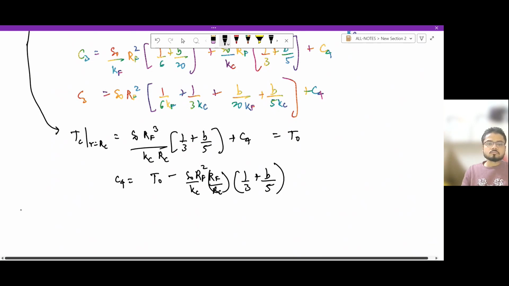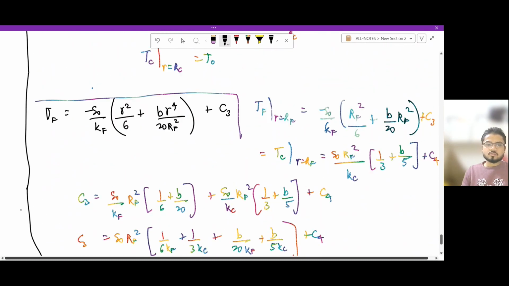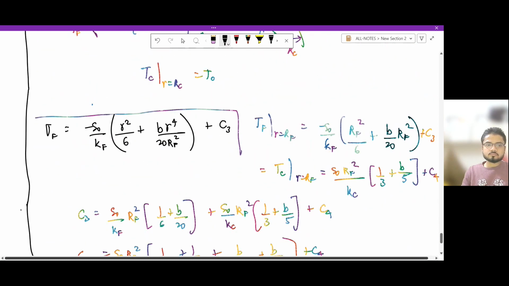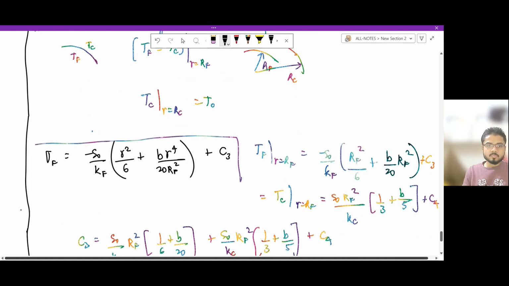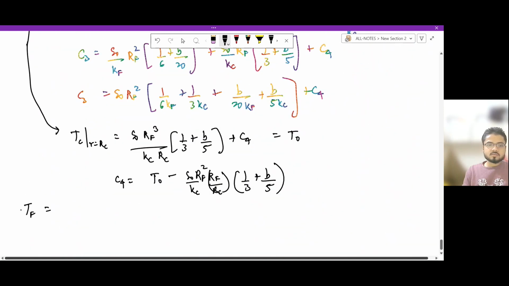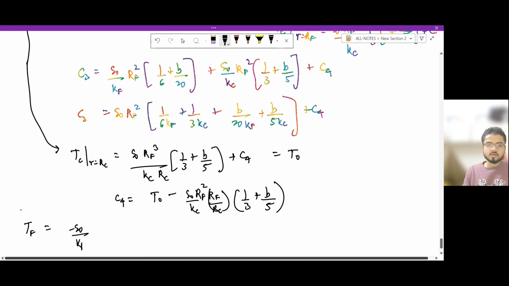So using all this, you can always write something like TF is equal to minus S naught by KF, R squared by 6 plus B R to the power 4 by 20 RF squared.